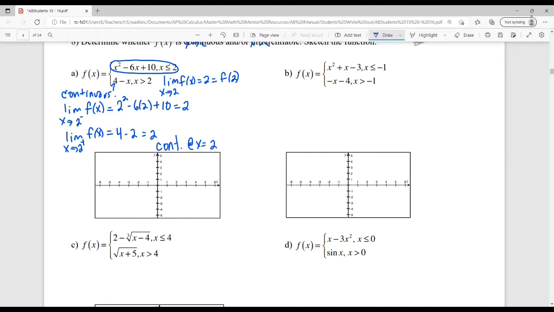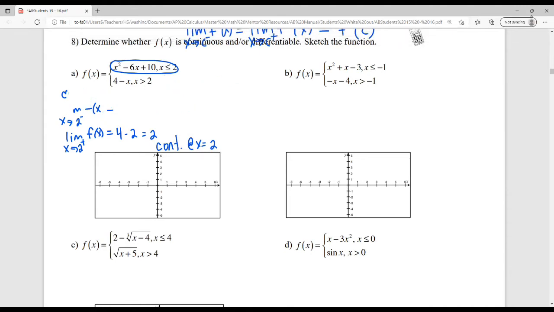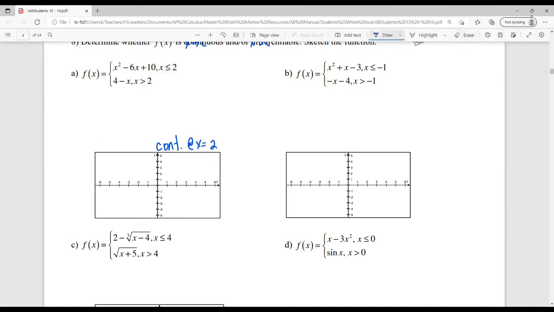Now to determine if it is differentiable at x equals 2, we're essentially going to do the exact same thing that we just did, but we're going to do it with the derivative instead of the original function. So first we need to take the derivative, and then once we take the derivative, we can look at the limits.